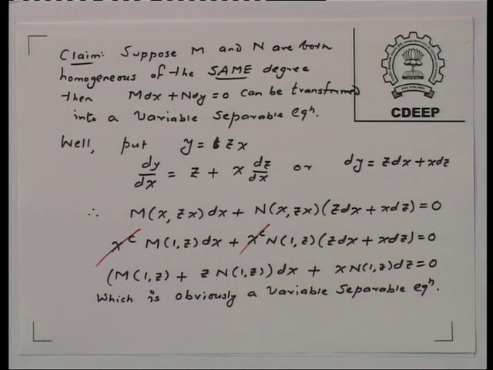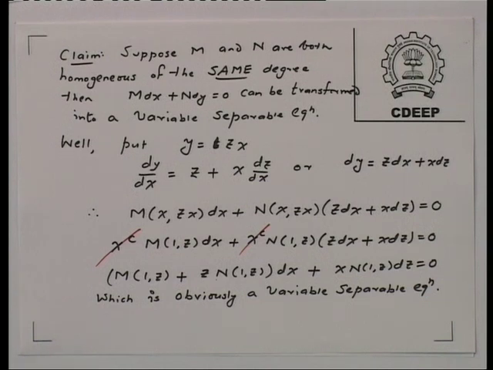M of x, y, but y is zx. So, M of x comma zx dx plus N of x comma zx times dy, which is z dx plus x dz, equal to 0. Because M and N are homogeneous of the same degree c, x to the power c comes out from both the expressions M and N and cancels out, and you are left with M of 1 comma z dx plus N of 1 comma z times z dx plus x dz equal to 0.